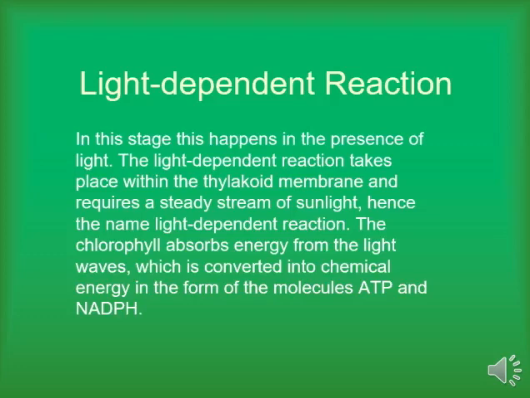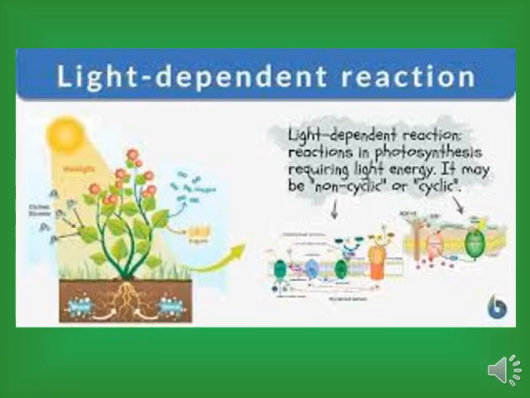The chlorophyll absorbs energy from the light waves, which is converted into chemical energy in the form of the molecules ATP and NADPH. This reaction in photosynthesis requires light energy, so it usually occurs during daytime.